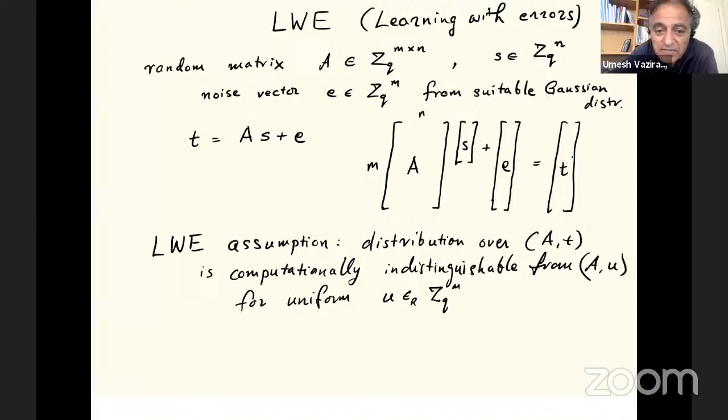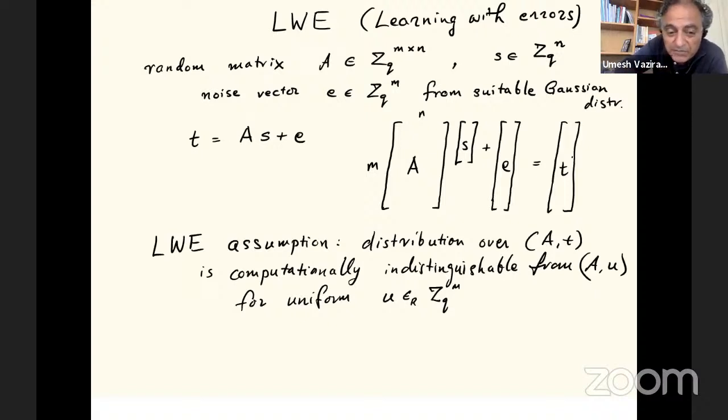The way we encode, or encrypt, the secret S is we take A times S plus a noise vector E, where the entries of E are chosen from a suitable Gaussian to be small, but sufficiently large to obfuscate and make it hard to solve these linear equations, and sufficiently small to have S be uniquely defined in this process.